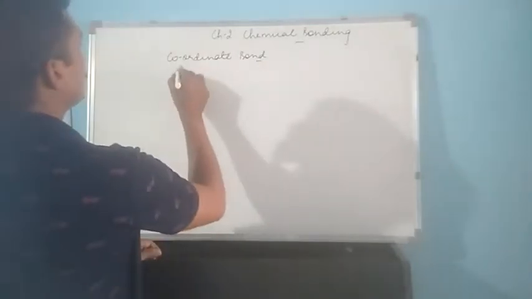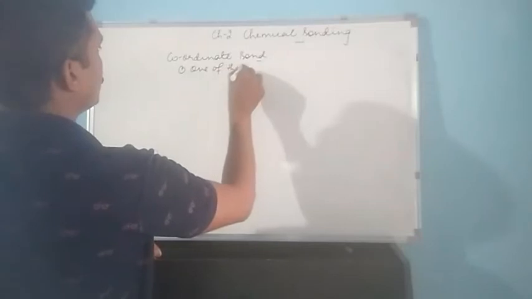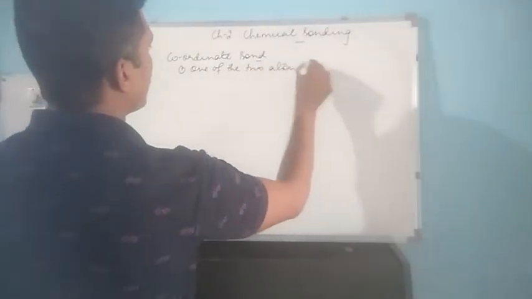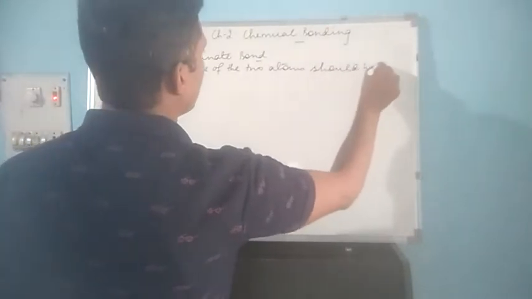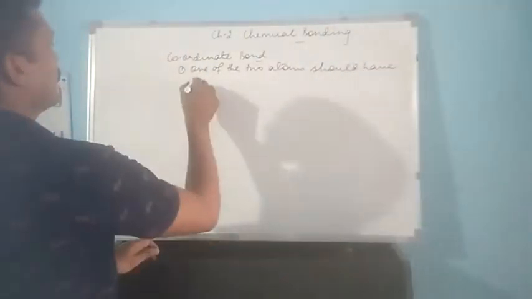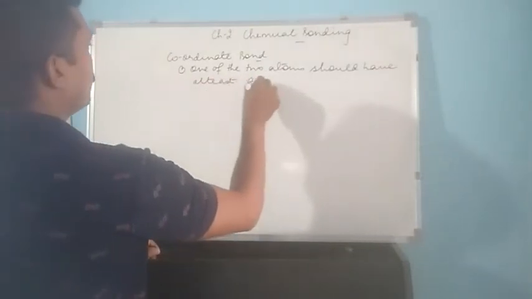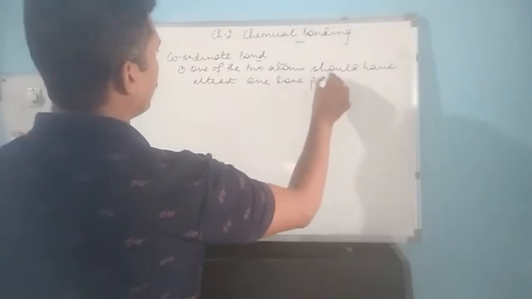Number one, of the two atoms, one should have at least one lone pair of electrons.